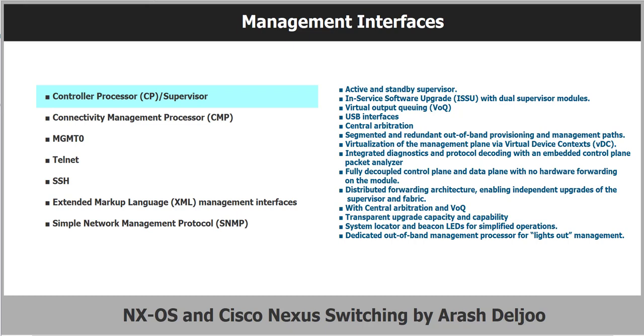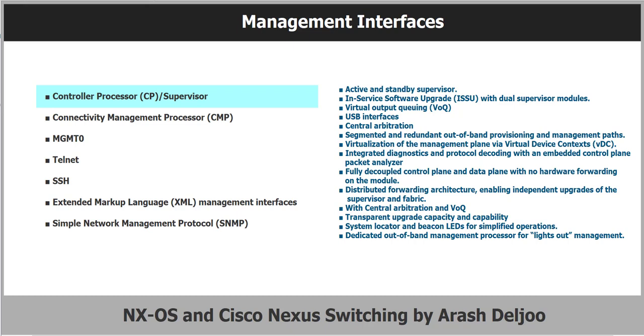The next management interface is Telnet. It provides an unsecure management connection to the NX-OS device that you know about the detail of Telnet and also SSH. The next management interface is SSH. It provides a secure management connection to the NX-OS device like an IOS device.